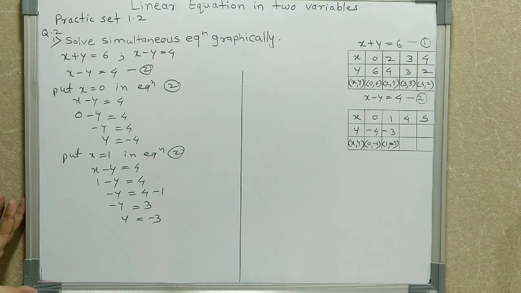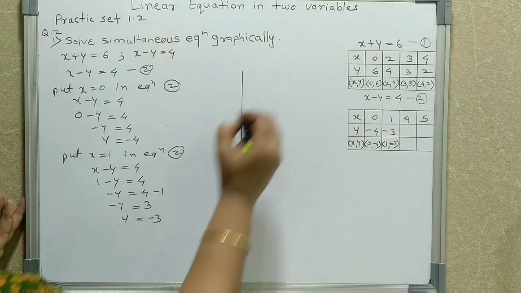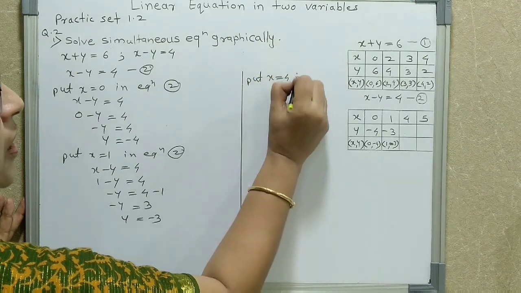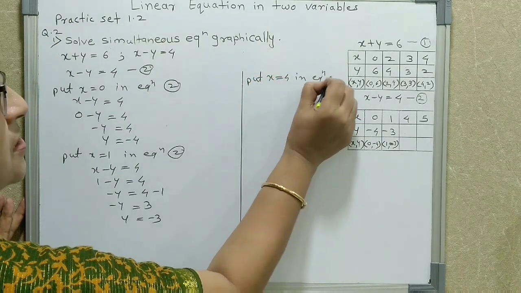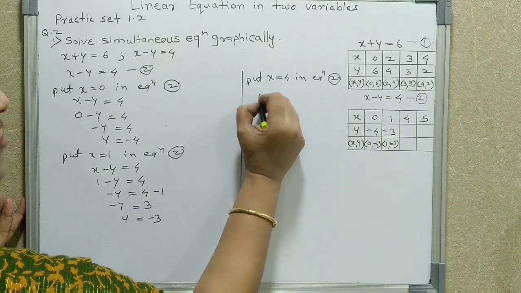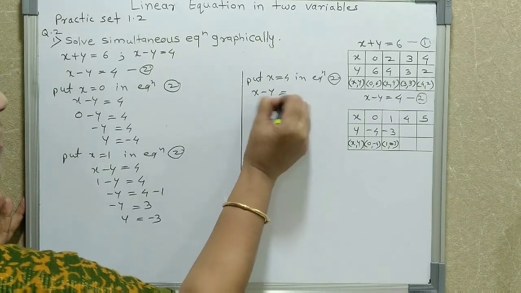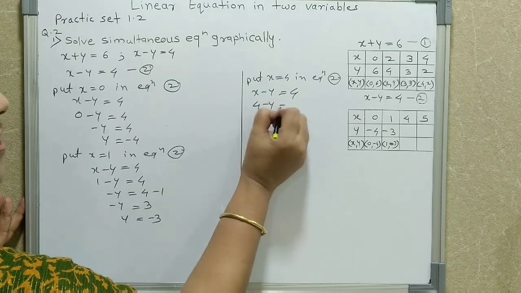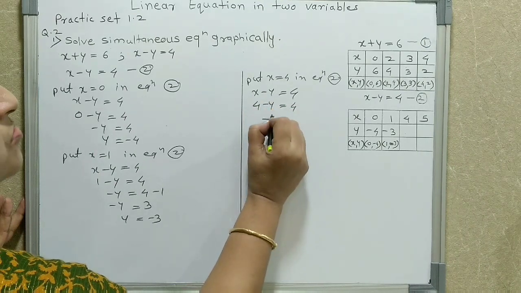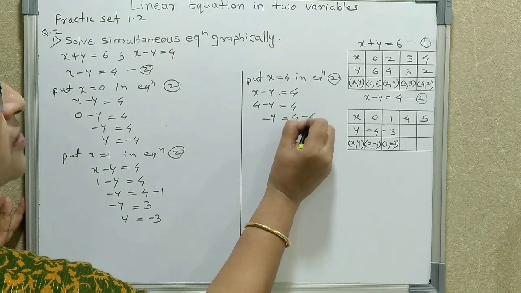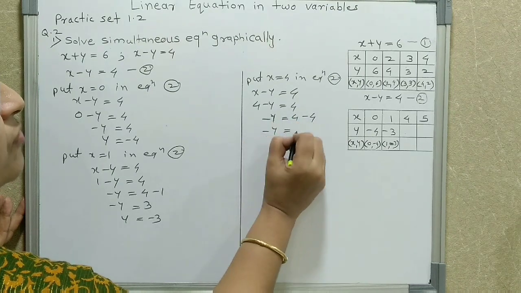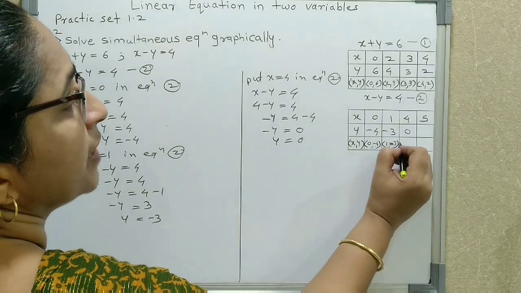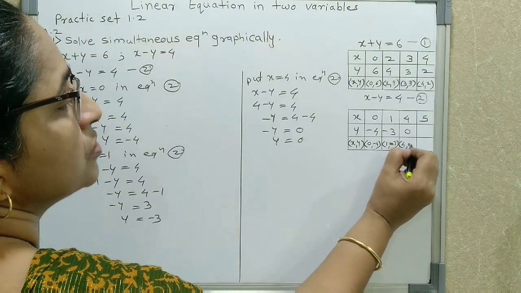Now we take x equal to 4. Put x equal to 4 in the second equation. 4 minus y equal to 4, so minus y is equal to 4 minus 4, so minus y equal to 0. So y equal to 0. This is the next ordered pair, (4, 0).